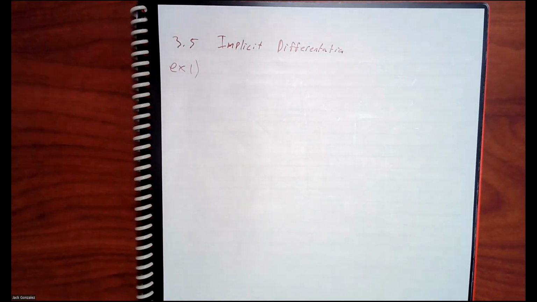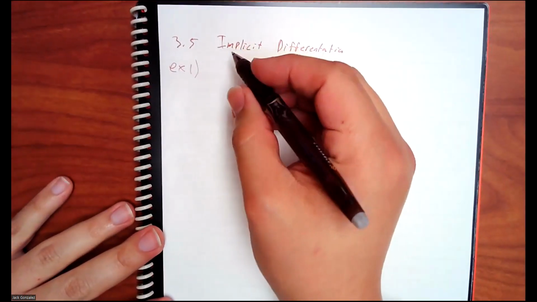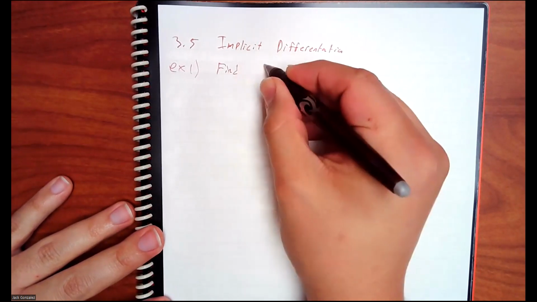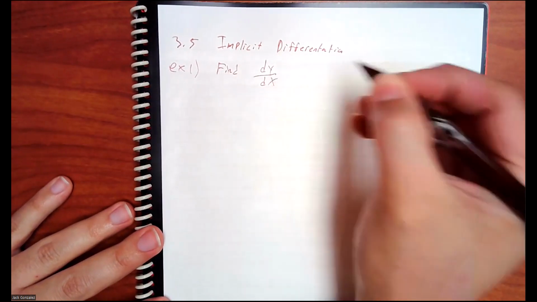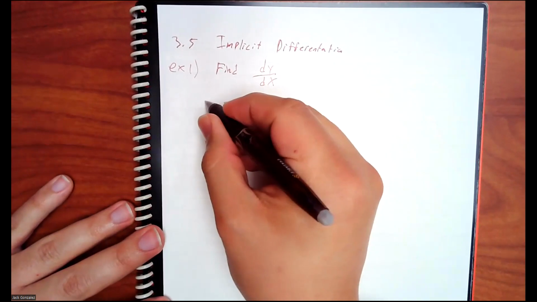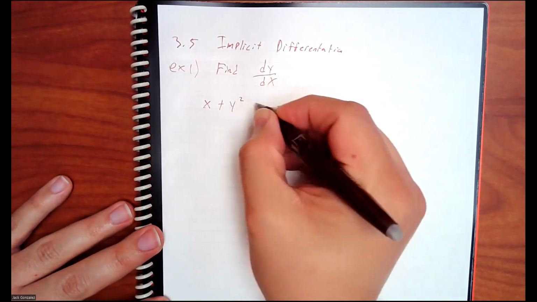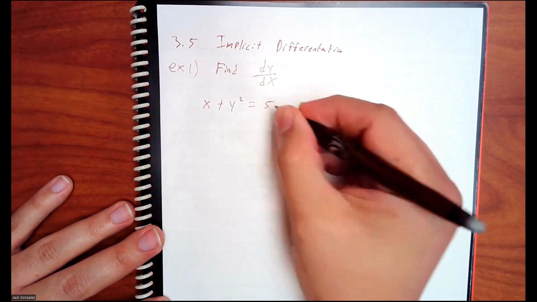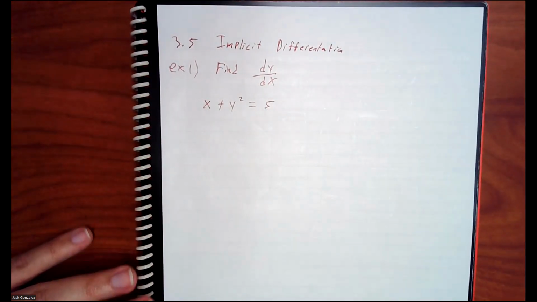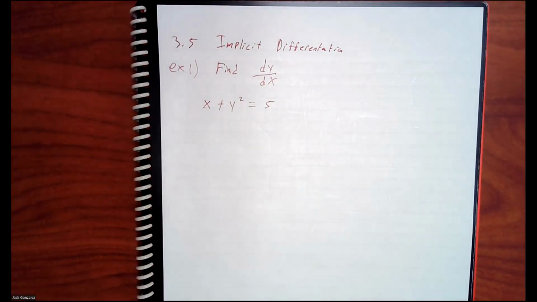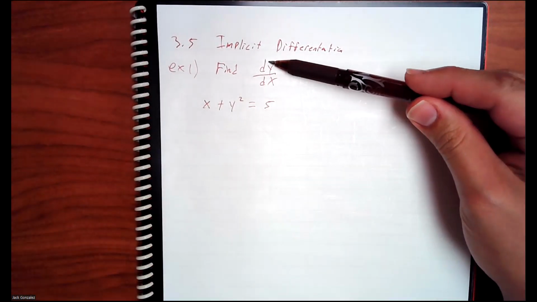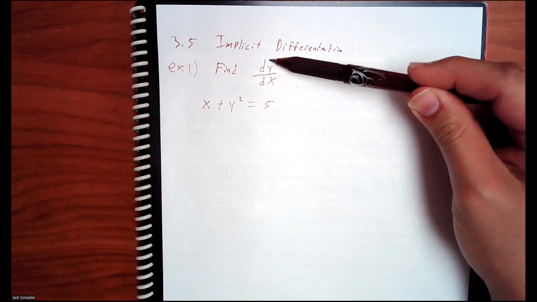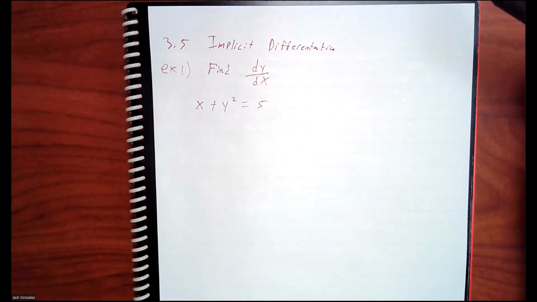Okay, so what you're going to do is find dy dx for x plus y squared equals 5. This is giving you a hint to take the derivative with respect to x and then solve for dy dx.